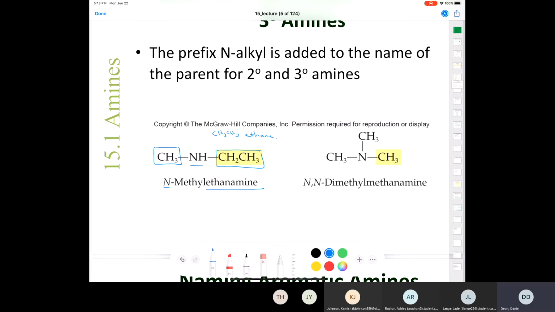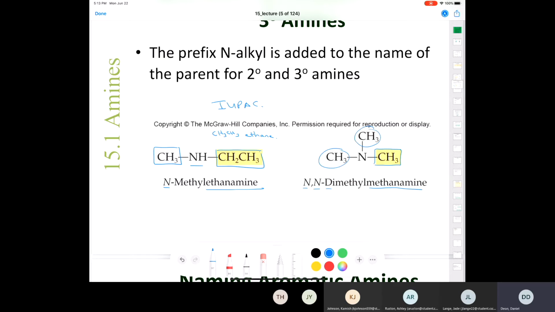The same thing applies here, and you're probably like, well, I watched the video, and I already know the common name for this is trimethylamine. Yes, that's a common name, but these are IUPAC names, okay? And again, the longest chain here is 1 carbon, and it wouldn't matter which one you boxed in, really. But I have methanamine, and I have 2 methyl groups, so I say N,N-di.